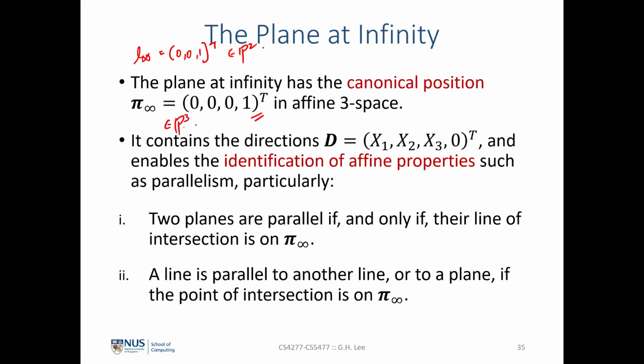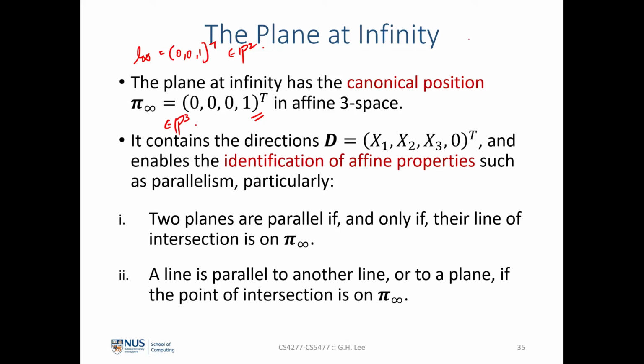We can see that this is another example of a direct extension from the 2D space into 3D space. And it contains the directions of all these ideal points, x1, x2, x3, and 0.